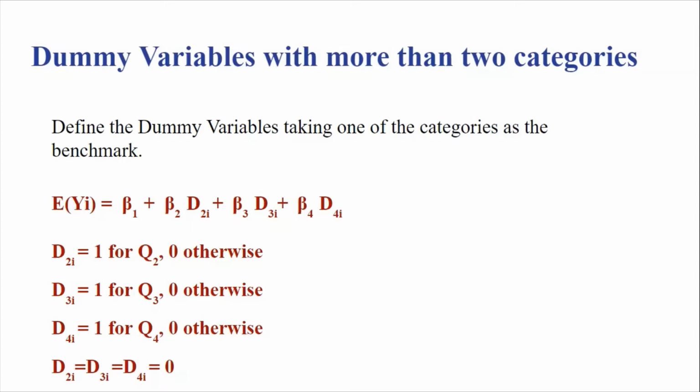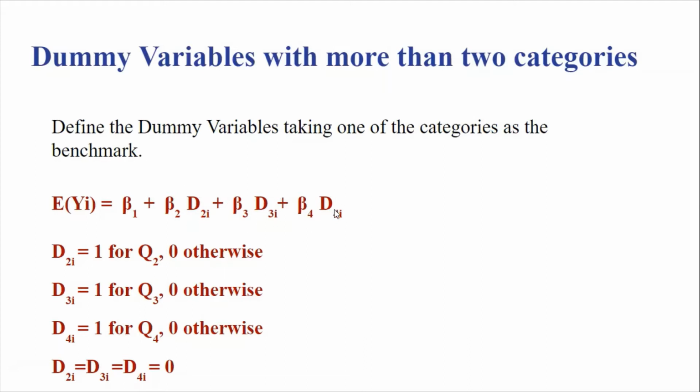So here you can see we are dealing with a dummy variable with 4 categories. So you need to introduce only 3 dummies. As you can see, there are 4 categories: quarter 1, 2, 3 and 4, but we have introduced only 3 dummies: D2, D3 and D4.